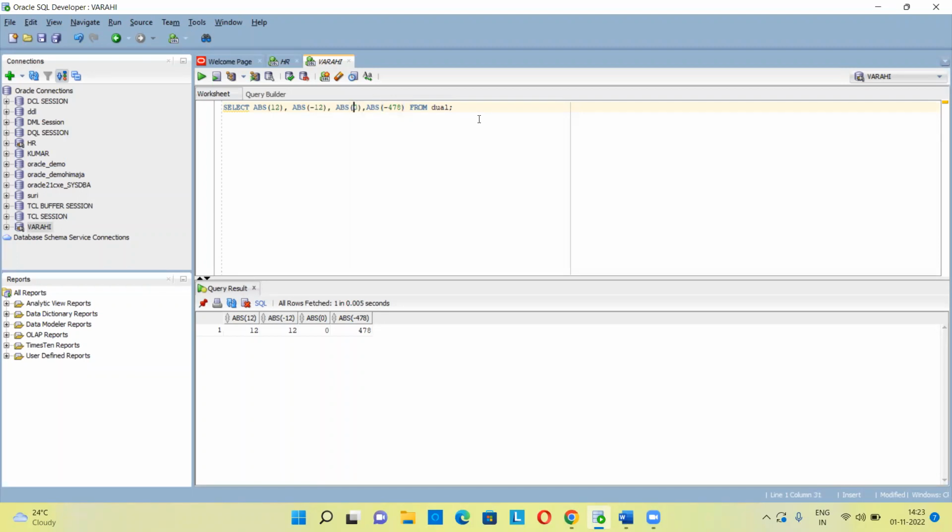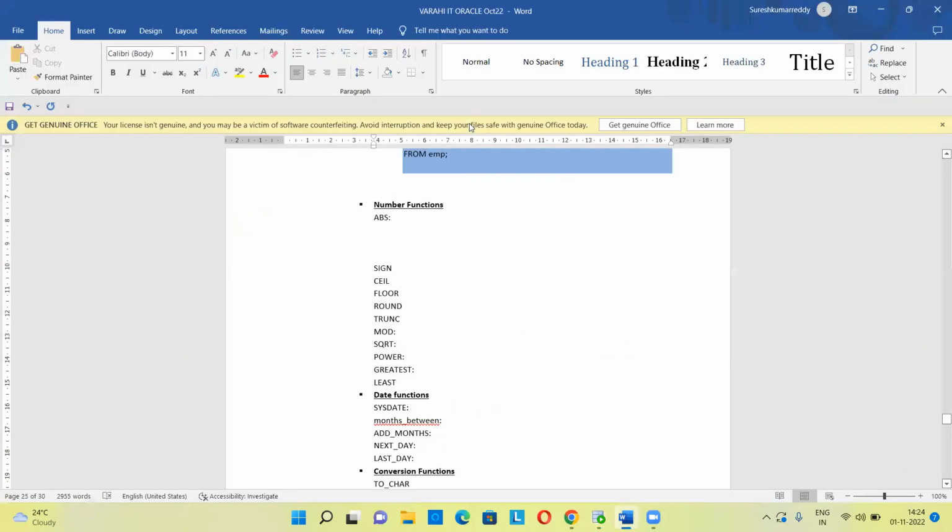You can pass any input to this absolute function, and it will return the absolute value, without the minus. Clear? There is nothing much to discuss about this function; it simply returns the absolute value.